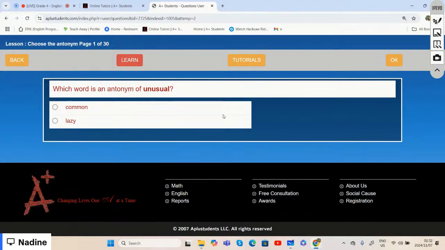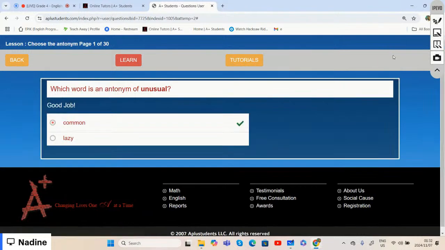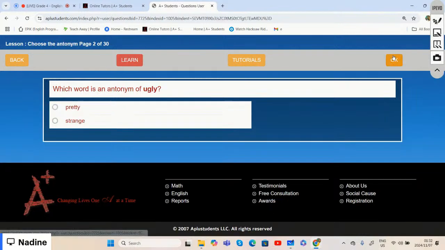If something is not unusual, then it is common. Yes, well done. Option one is correct. Common is the opposite of unusual.